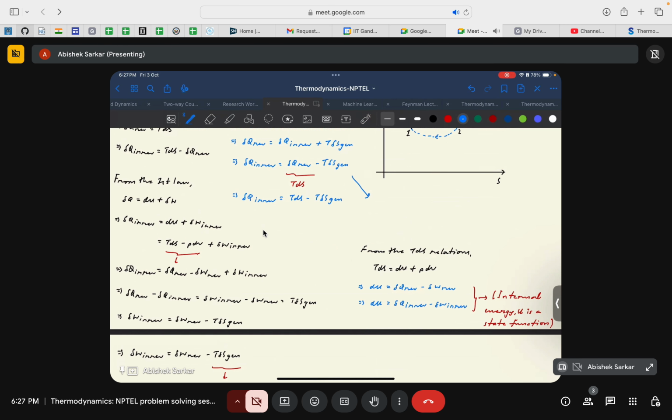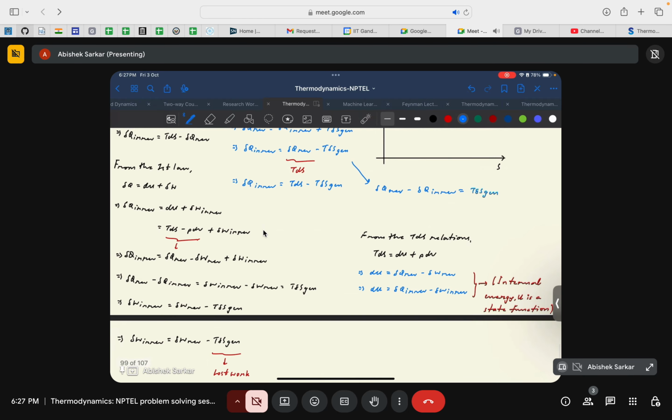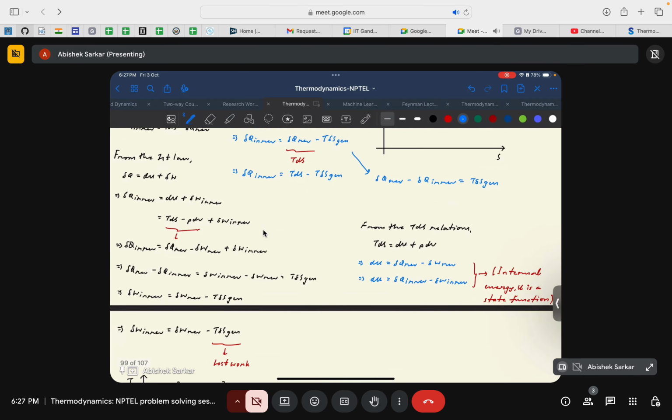This would give you δQ reversible minus δQ irreversible to be equal to T δS gen. So from that we can write δQ reversible minus δQ irreversible to be equal to δW reversible minus δW irreversible to be equal to T dS gen.